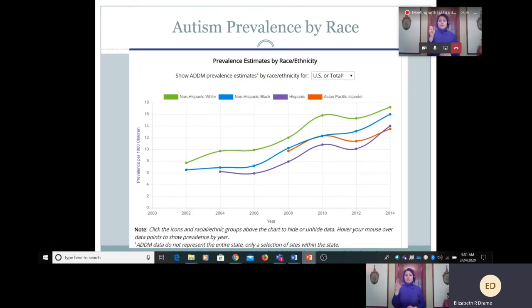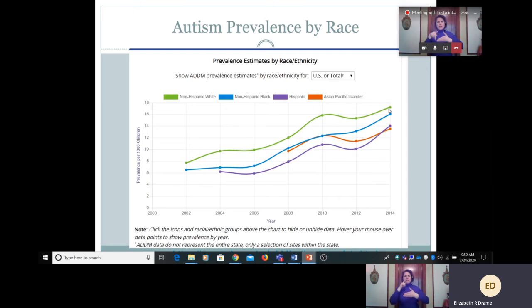In terms of race, this is the autism prevalence by race across all the sites that were estimated in 2014. You can see there is a closing gap in the identification rates.